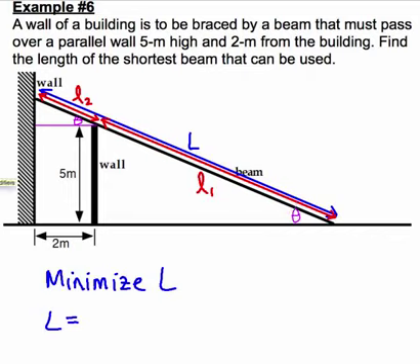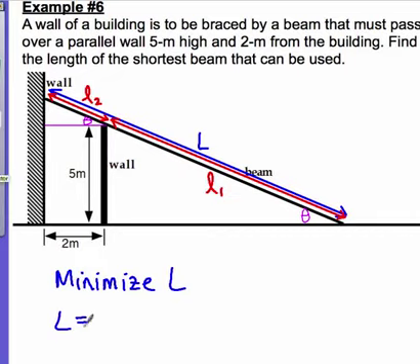Now I can use those angles and my lengths with some trigonometry to come up with what I actually need in order to get this equation for L in terms of a single variable. Looking first at this triangle, this side is the opposite side, given that this is my angle theta. This is the opposite, this is the hypotenuse, and I know that opposite over hypotenuse is the sine of the angle.